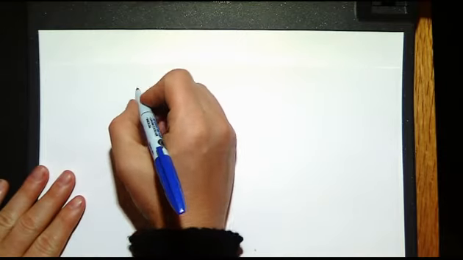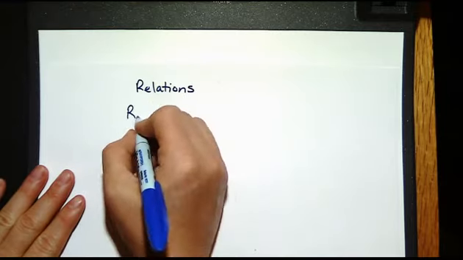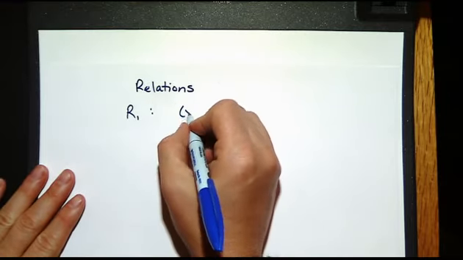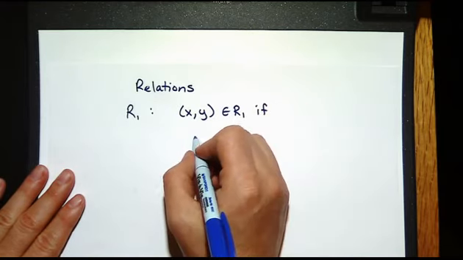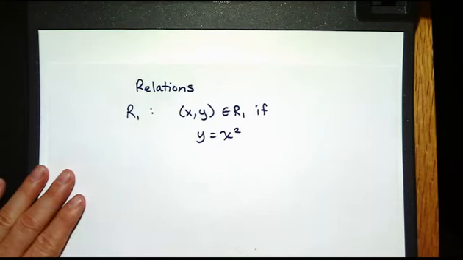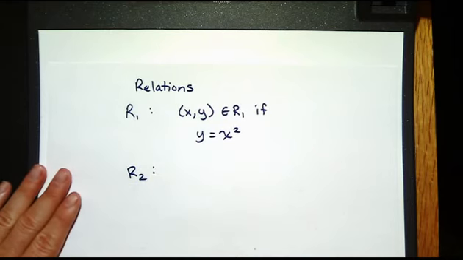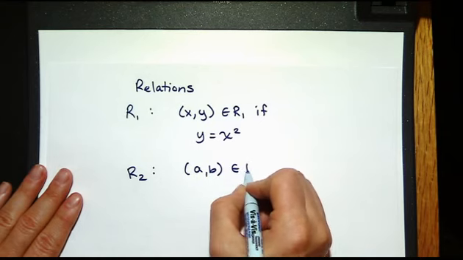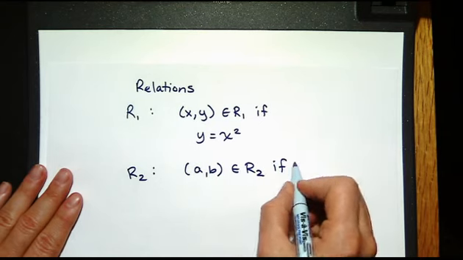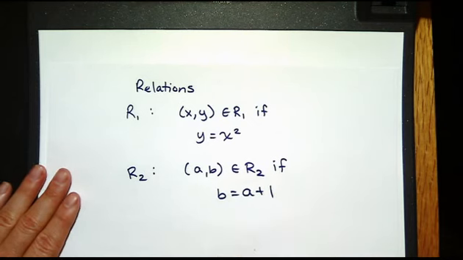Okay, so let's look at two relations where I'm going to say R1 is: xy is in R1 if y equals x squared. And I'm going to say R2 is: AB is in R2 if B equals A plus 1.